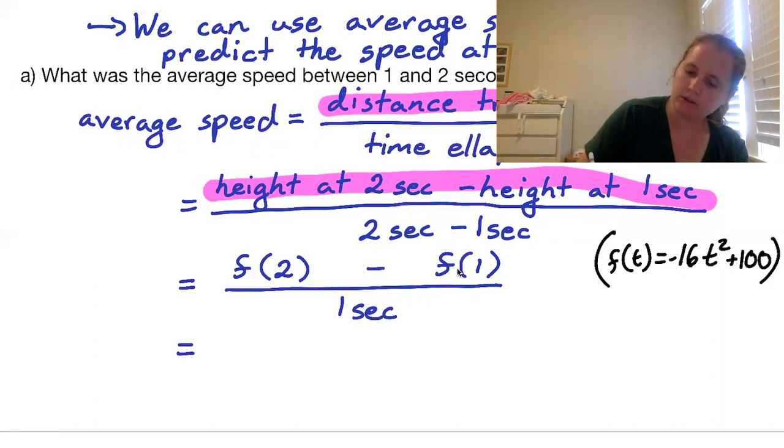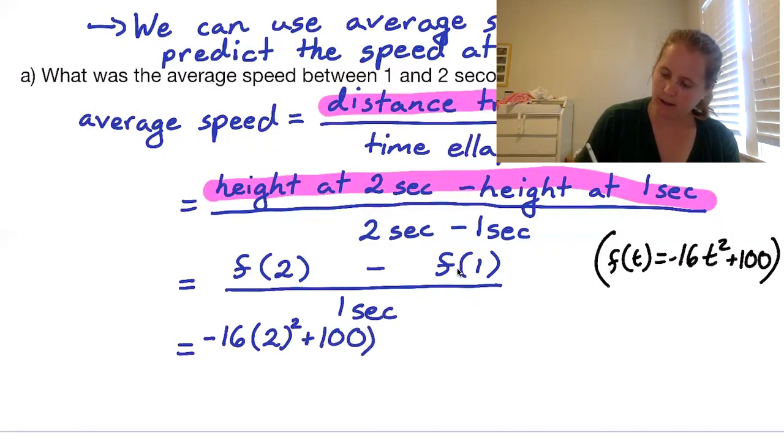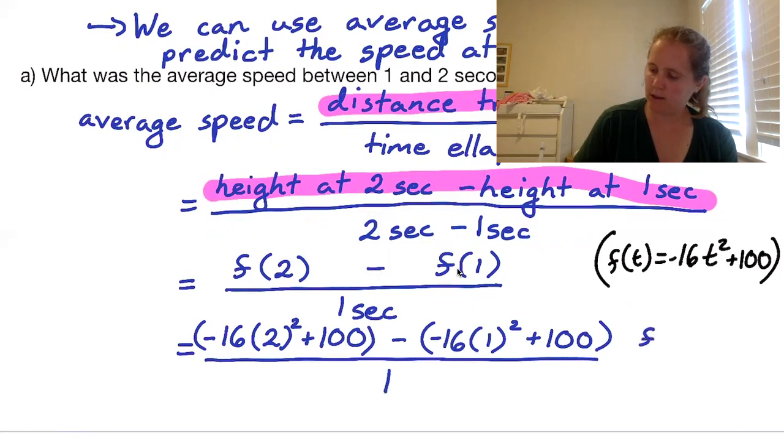So f of 2, we are looking at negative 16 times 2 squared plus 100. And then from that, we are subtracting f of 1. We have negative 16 times 1 squared plus 100, all over 1. Up top, we're talking about feet. Down below, we're talking about seconds.